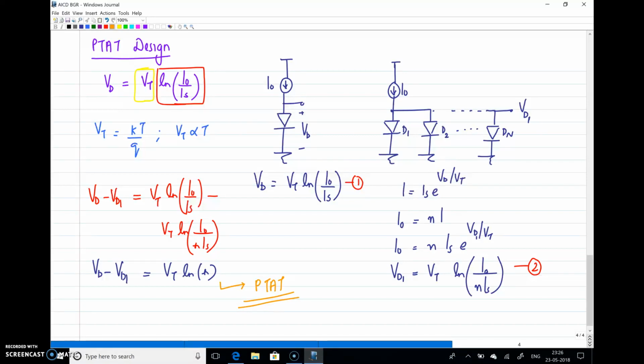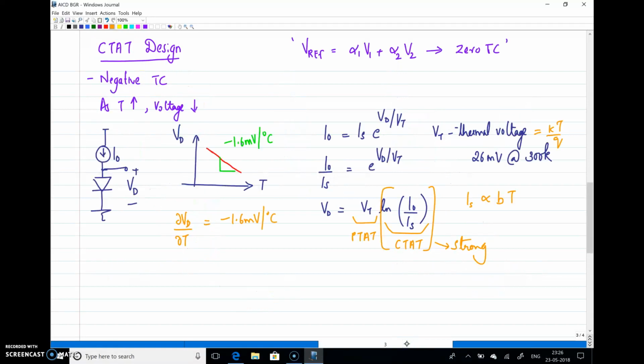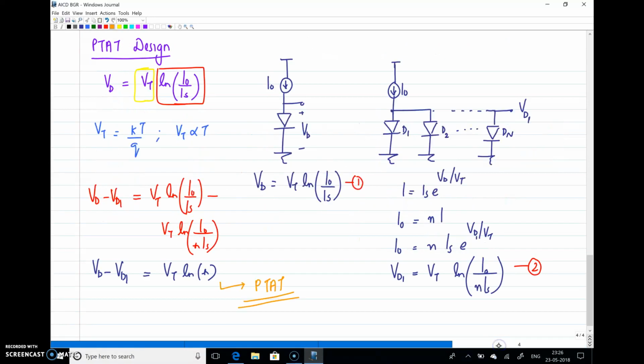Now the question is, how will you do this Vd minus Vd1 so that you will get a PTAT? Already we have a CTAT there. Then how will you combine these to get a BGR? That is the rest of it. Since we understood how to get a CTAT and PTAT separately, we'll see this in the next lecture. Thank you.